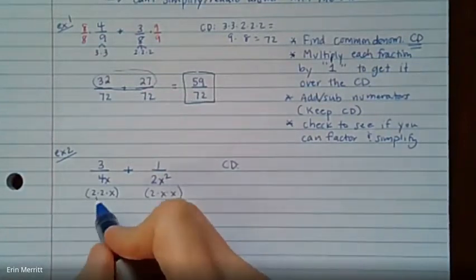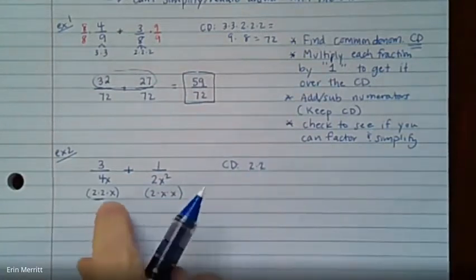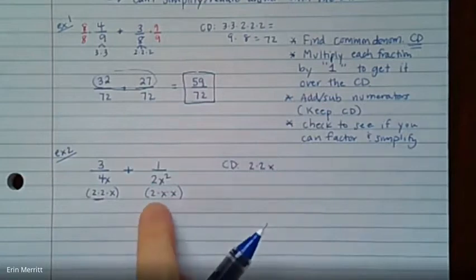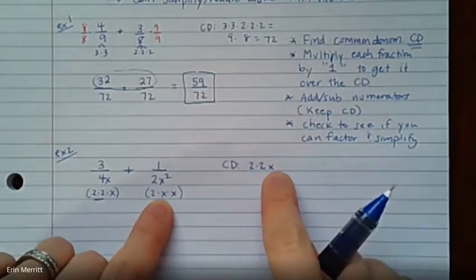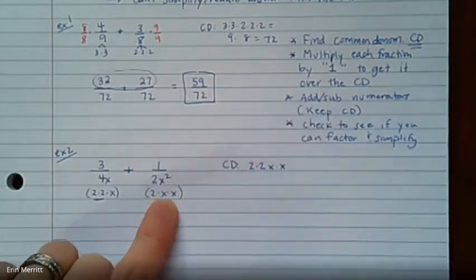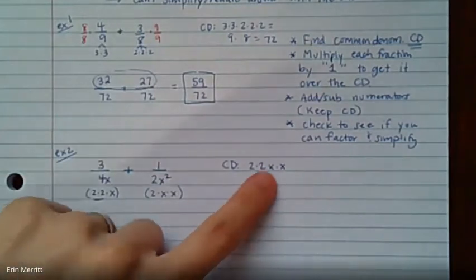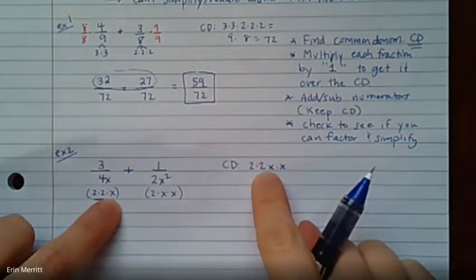So if I have two 2's here, then both of them have to make it in, and I have a single x there. Now when I come over here, it's already got 1, 2 in there, so it's good. It's got a single x, but it doesn't have a second x. So I need one more x to account for all of these denominators being present. Now when I look at it, 2, 2, and x is covered.